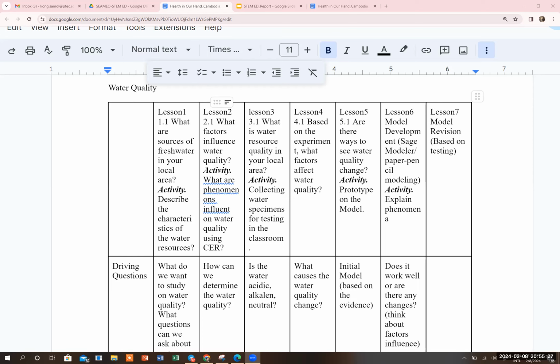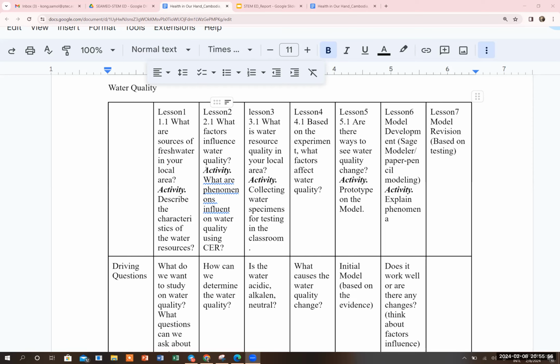And lesson 5, we are going to let students see the water quality changes by drawing or prototyping, based on that we want to bring them to the models that we want to integrate in lesson 6.